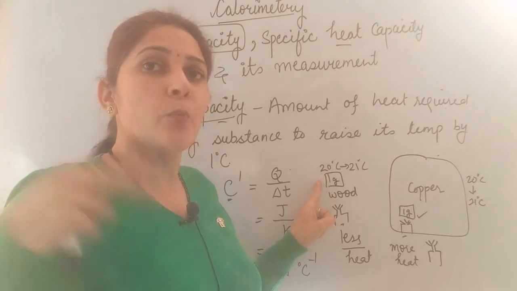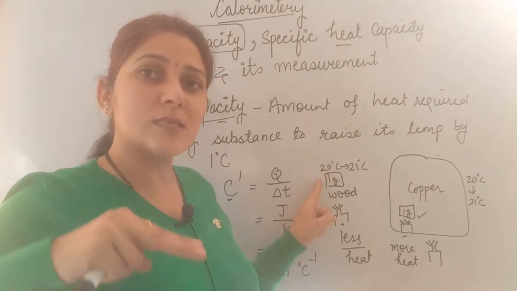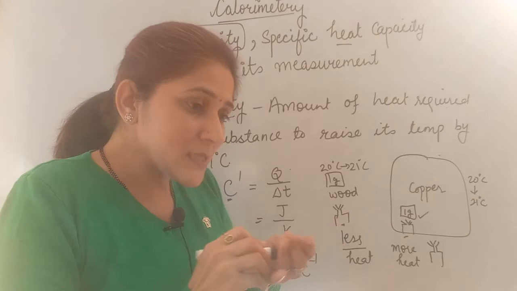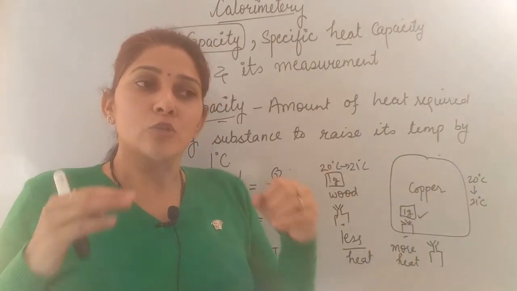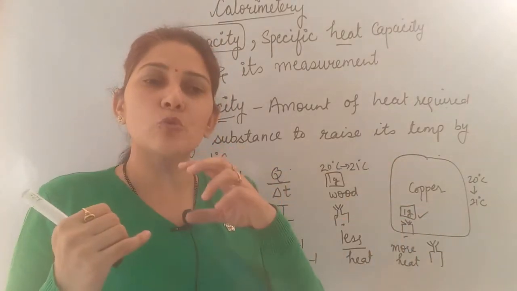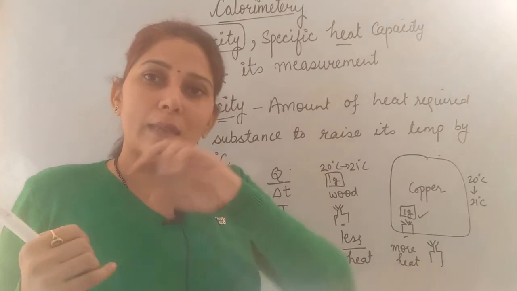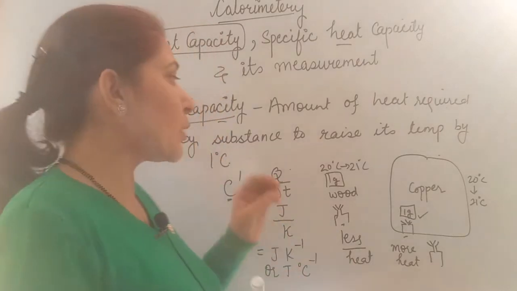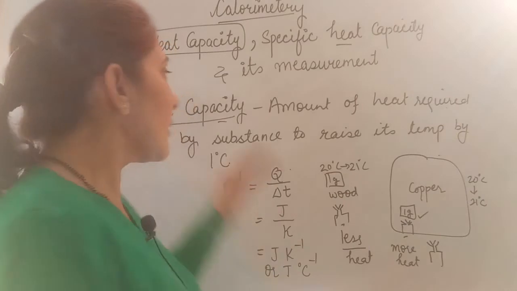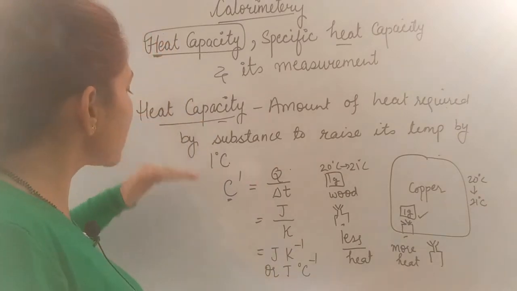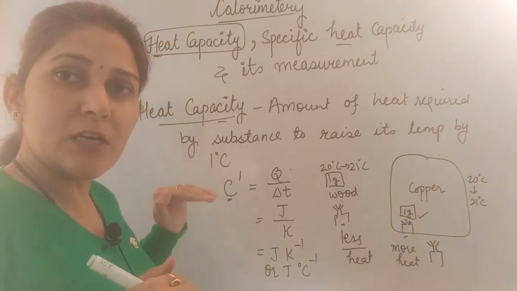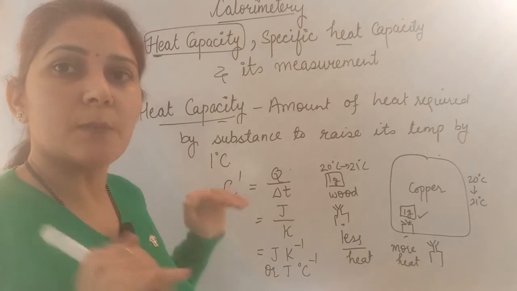That means it is a poor conductor, so it can be considered an insulator. So to justify the comparison, to get the characteristic properties of the substances, we specify the mass of the substance, and then we call this heat capacity the specific heat capacity, right?